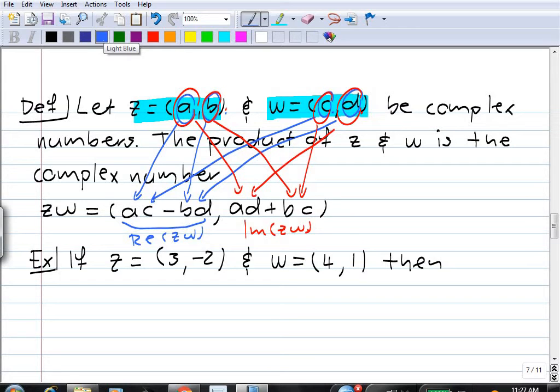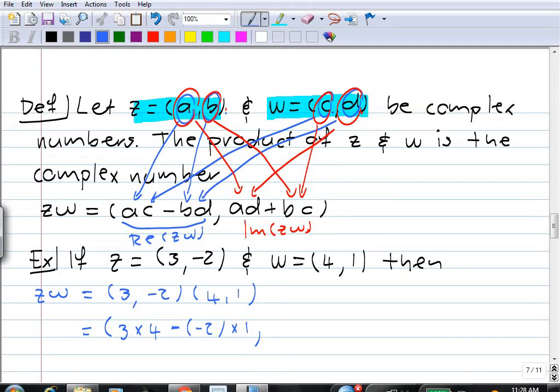Okay, so let's do a short example. We've got Z is (3, -2), W is (4, 1). Let's calculate ZW. So it's (3, -2) times (4, 1). Right, so it's real by real. So 3 times 4, minus imaginary times imaginary.